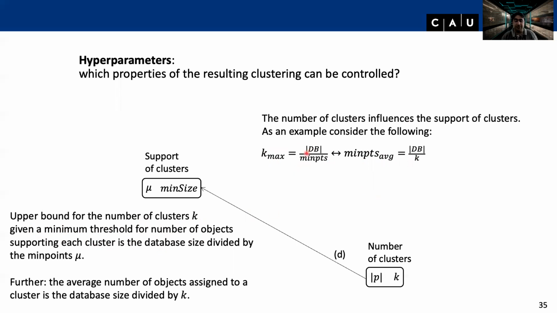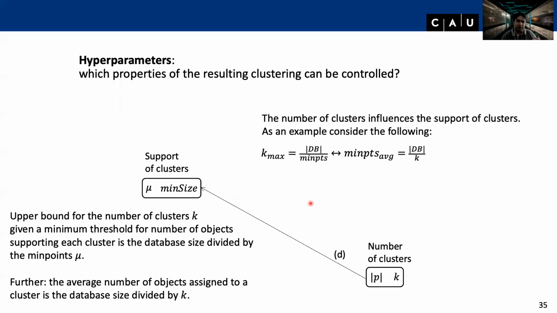So we say we cannot have more clusters than we have number of objects in a database, divided by the min points mu, and the average number of objects assigned to a cluster is the database size divided by K. So these are the relations that we have here between support of clusters and number of clusters.